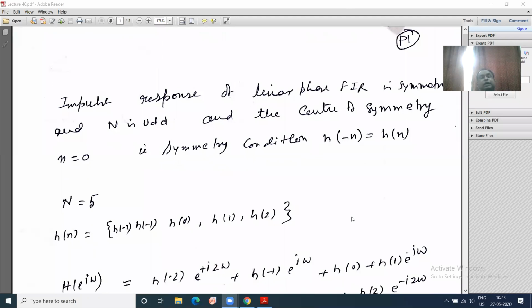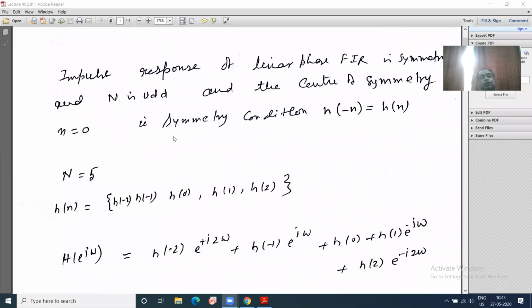Okay, now we'll take an example. Suppose N equal to 5. N equal to 5 means N is odd, right? So first we'll discuss for N equal to 5, then we will generalize for any odd values. If N equal to 5, then your h(n) will be h(-2), h(-1), h(0), h(1), h(2).